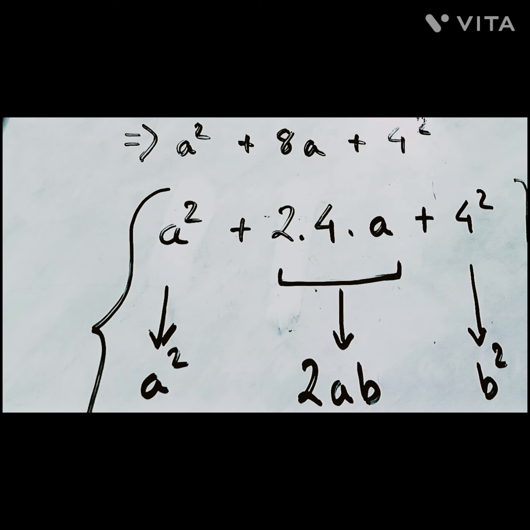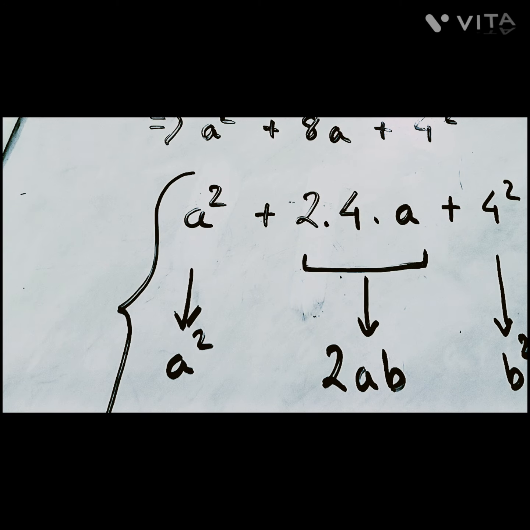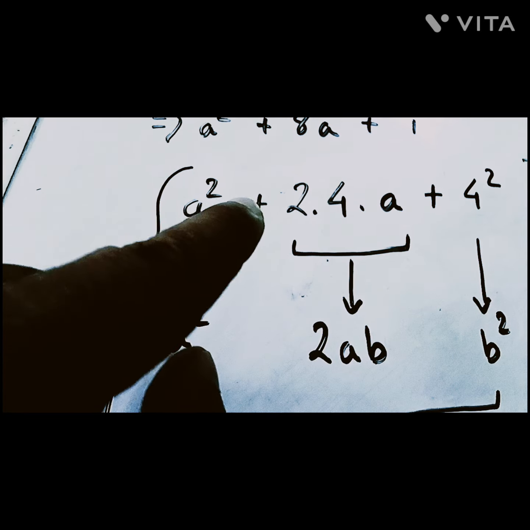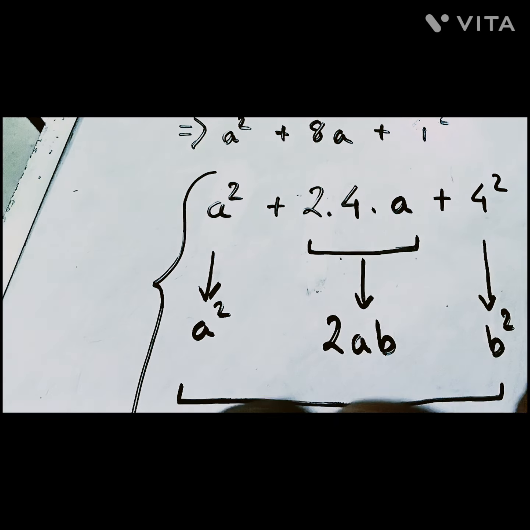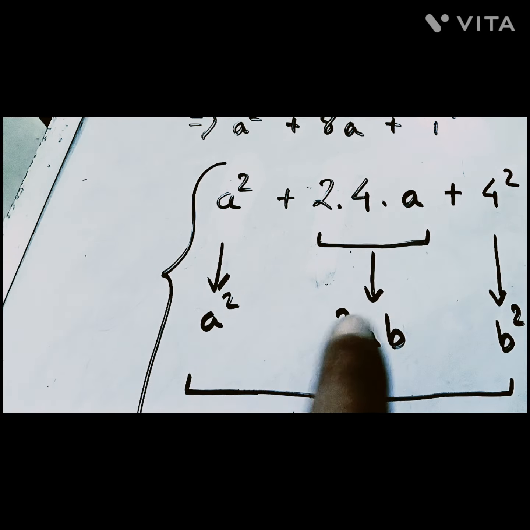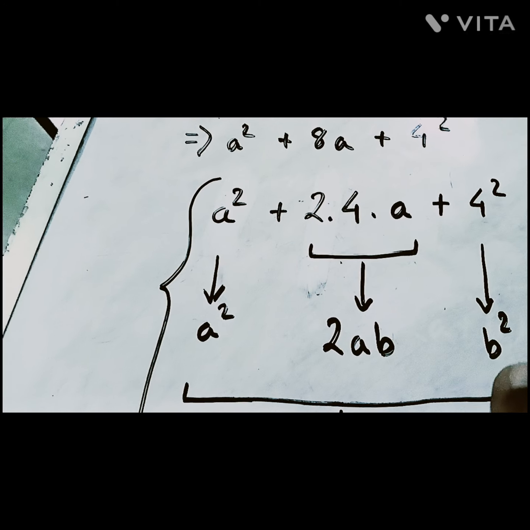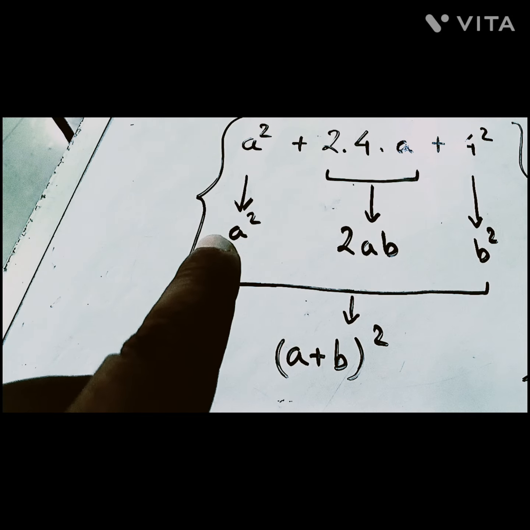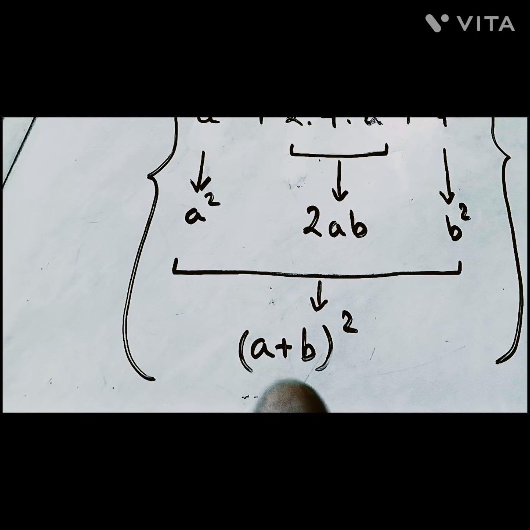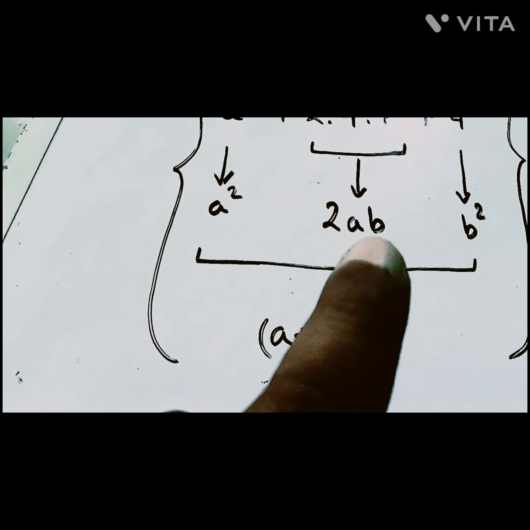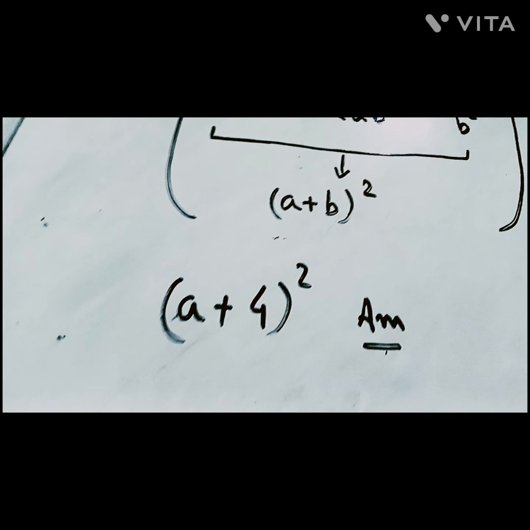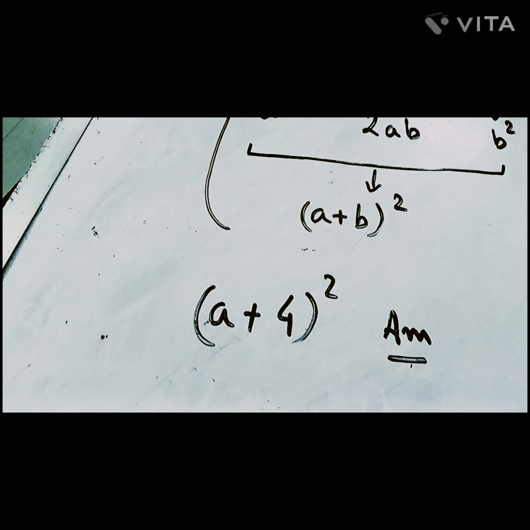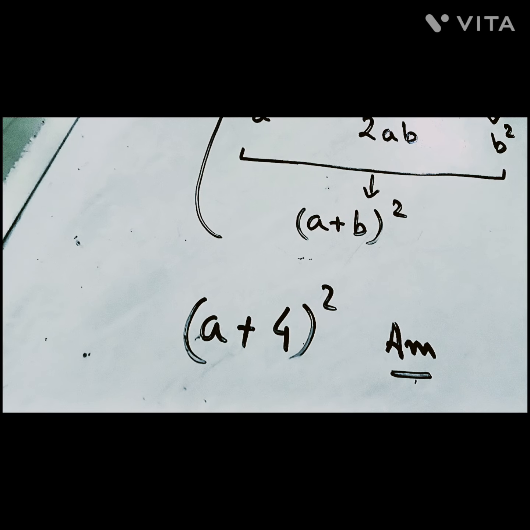So a square is a square, 8a is 2ab, with 2 into a into 4, and b square is 4 square. So it is fulfilling the expanded form of the formula a plus b whole square, that is a square plus 2ab plus b square. So my answer is a plus 4 whole square, where a is a and b is 4.